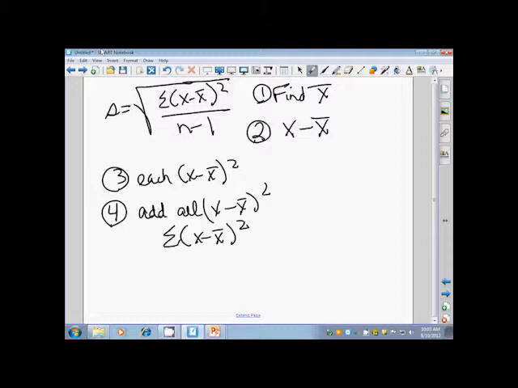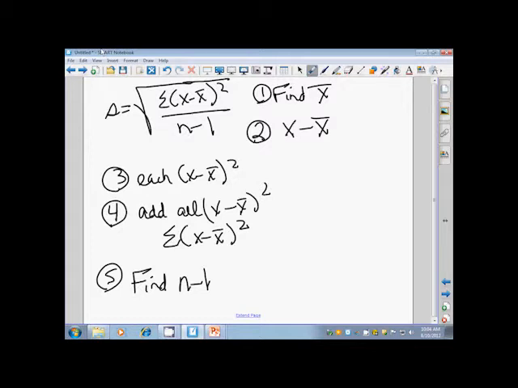The fifth step is you want to find your n minus 1. Again, what is n? N is the number of x's that were there that you added up to begin with to get your average. What's the number that you divided by? That's your n.